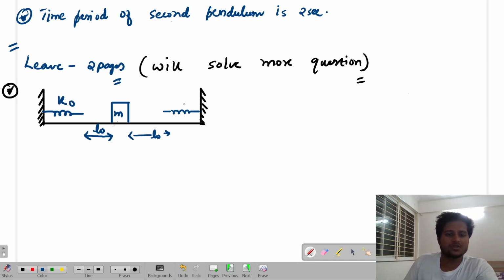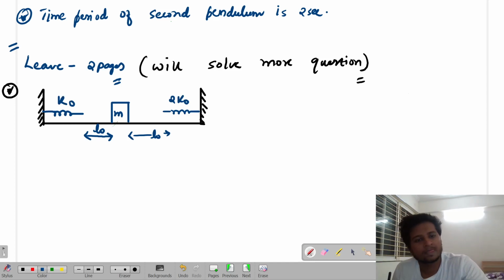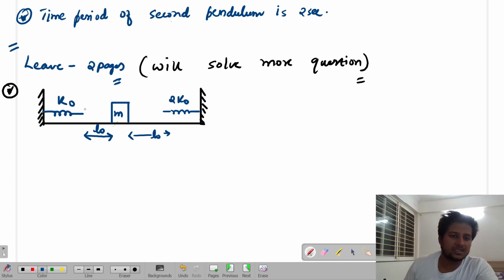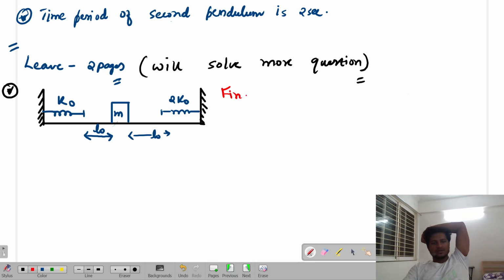One is of spring constant k, another one of spring constant 2k, and these gaps are present. Means the masses are not attached. Basically, even if they compress it, when they are returning back, they are able to lose the contact. And the question is, find the time period of SHM.